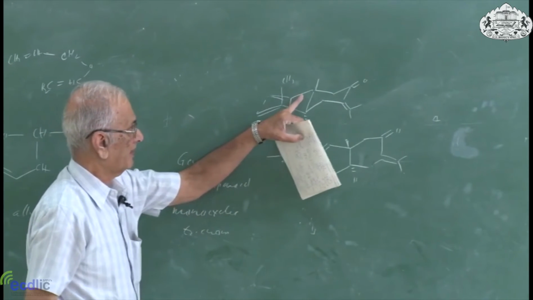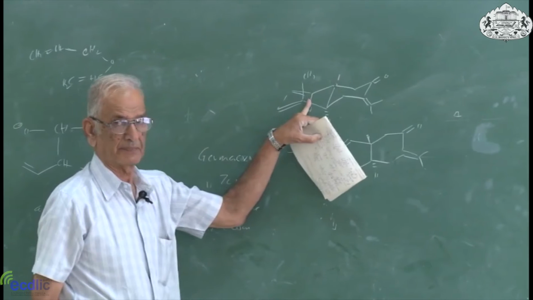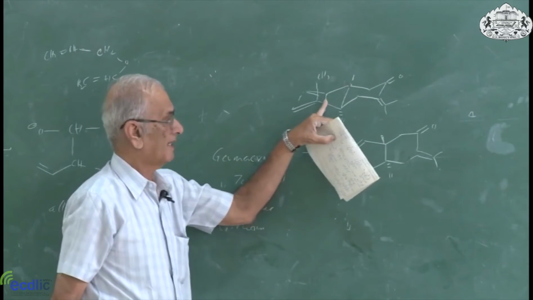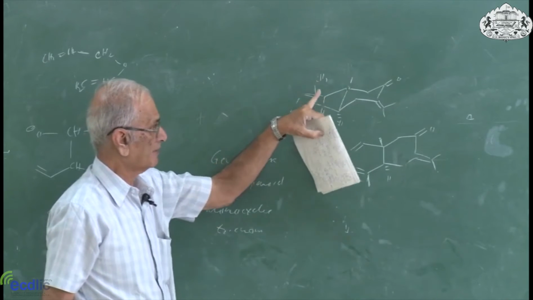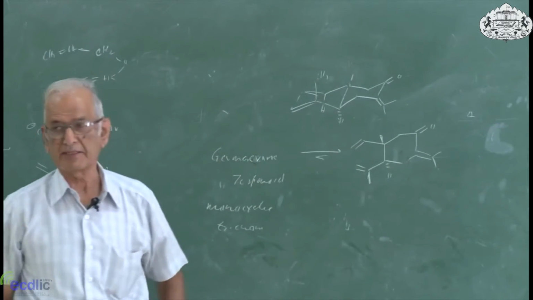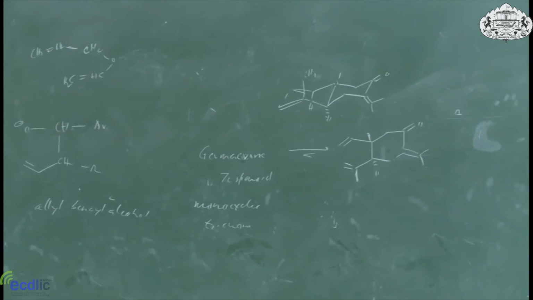What is the relation between this hydrogen and the methyl? This hydrogen and methyl are trans. What is the relation between this methyl and this hydrogen? This methyl and hydrogen are also trans.